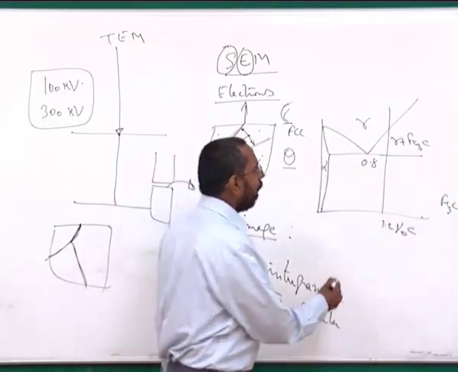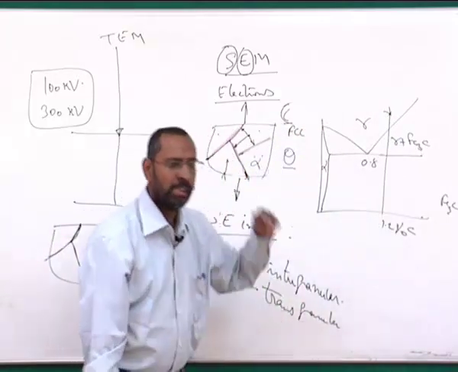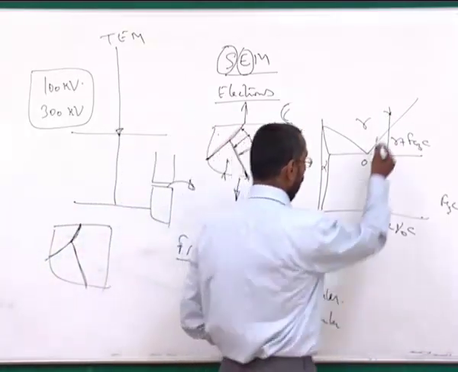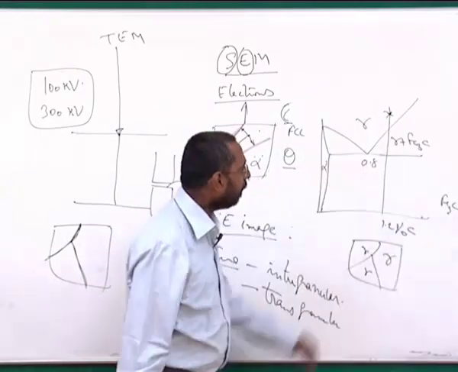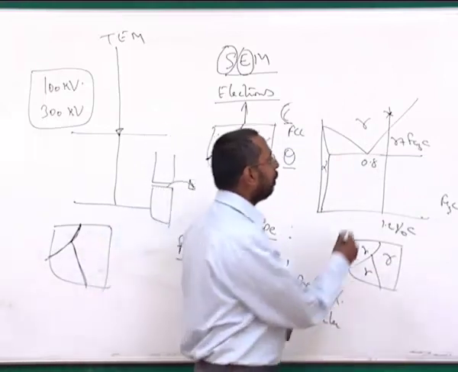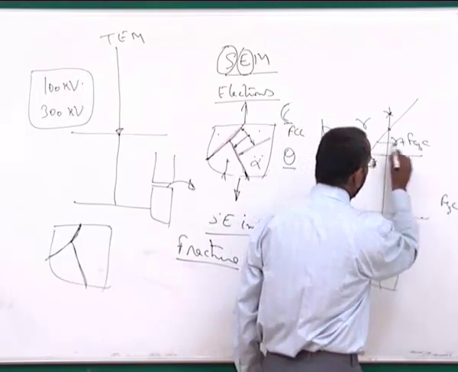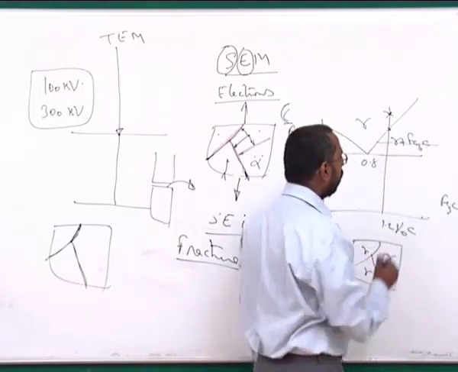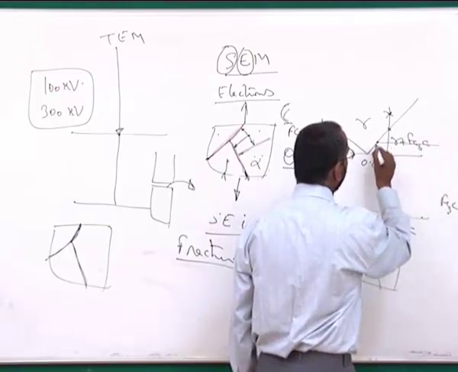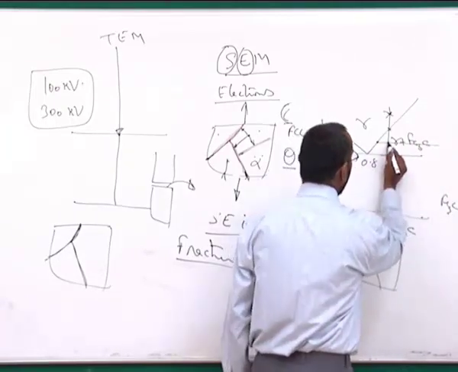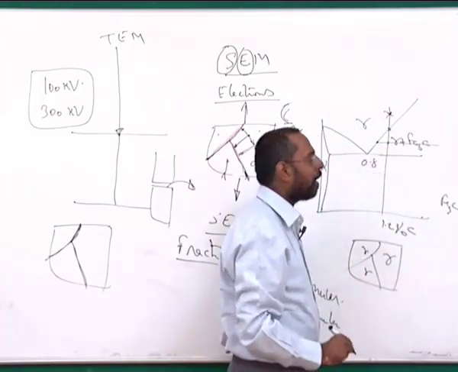So if you take an alloy, heat it to a temperature like this, and then cool it, at this temperature your alloy is completely gamma, and as I start cooling from this temperature, the moment I reach this temperature, again you will have a similar situation. At this temperature, the carbon solubility in gamma is only this much, whereas my alloy has this much carbon, which is in excess of the solubility of carbon in gamma.